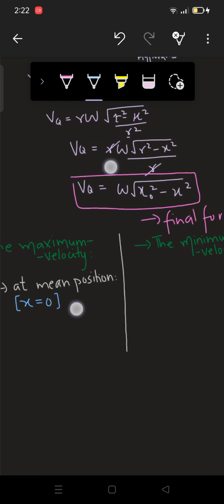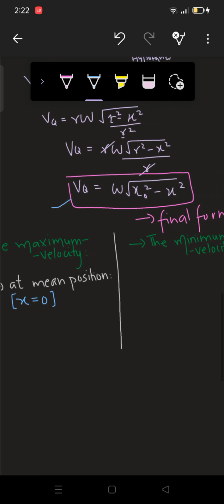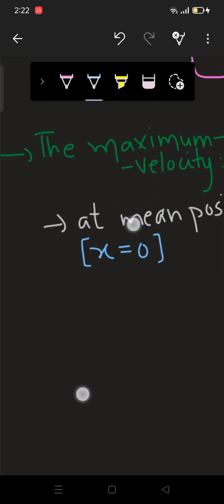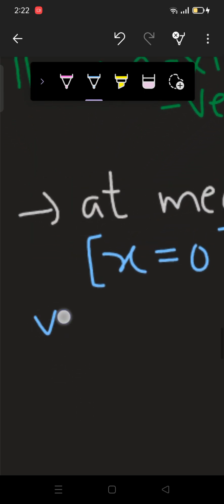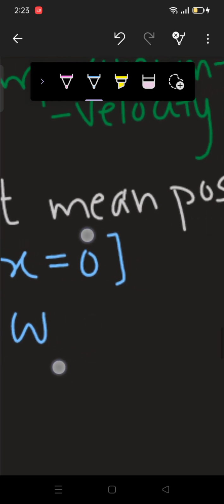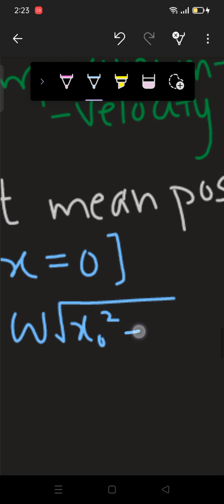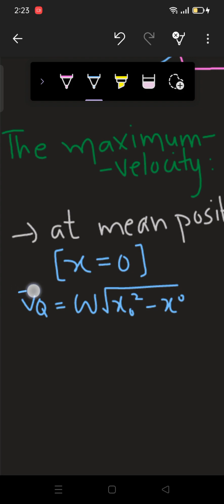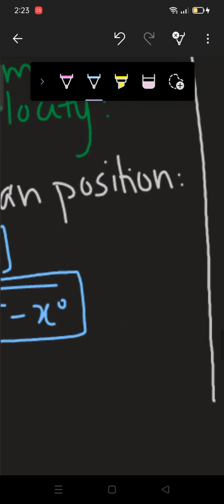Our final formula was vq is equal to omega radical x naught square minus x square. Let's write the same formula here again. This was our final formula, which we are going to use.